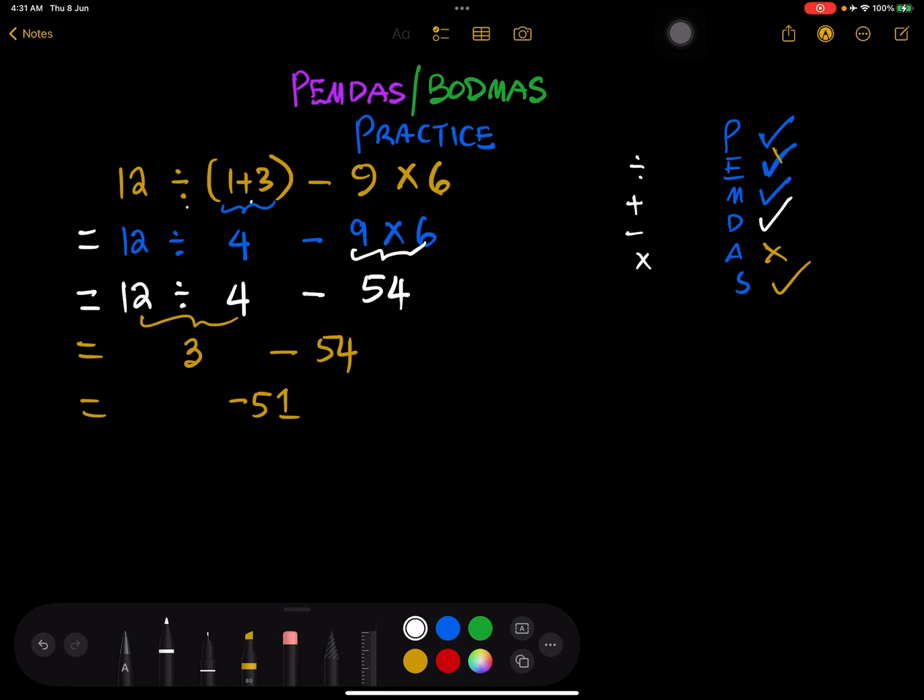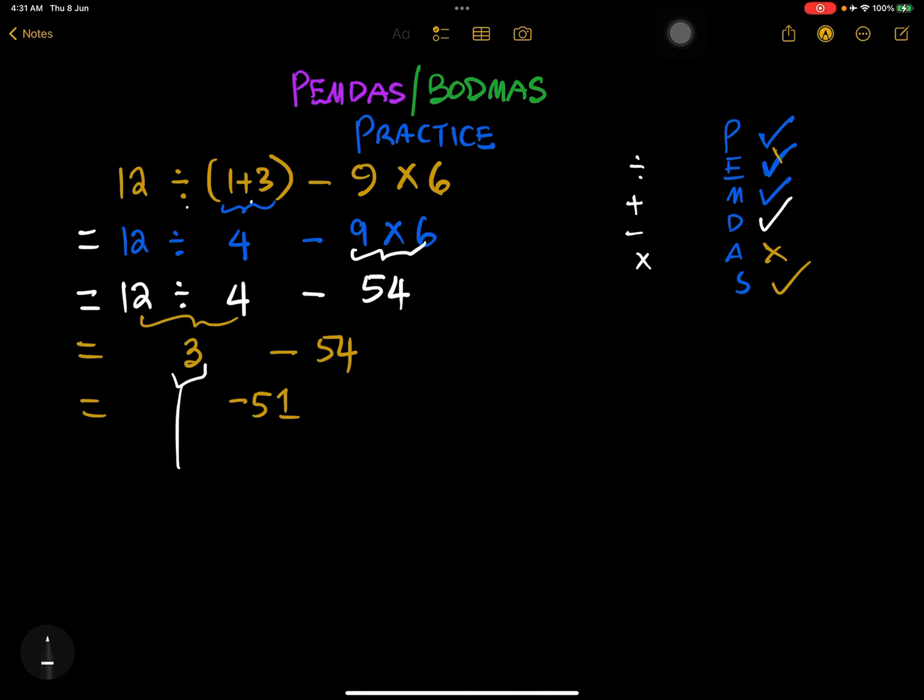Why do we have a negative 51 as an answer? We know that this is 3. Imagine you have maybe $3 in your pocket, or €3, or whatever currency. This is your money, right? But you are owing someone $54.